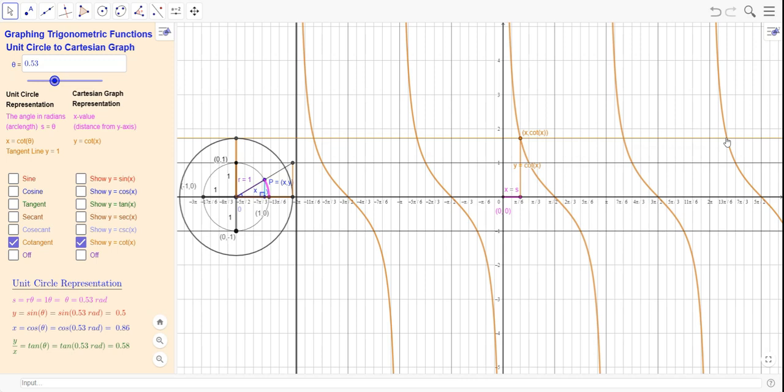But for tangent and cotangent, we get a bonus, because if you rotate it exactly halfway on the other side, then you also get the same y values. An extra pi rotation doesn't leave you at the same terminal side. It leaves you at the opposite terminal ray, but the opposite rays always have the same tangent and cotangent.